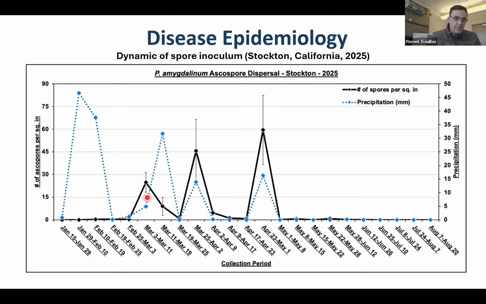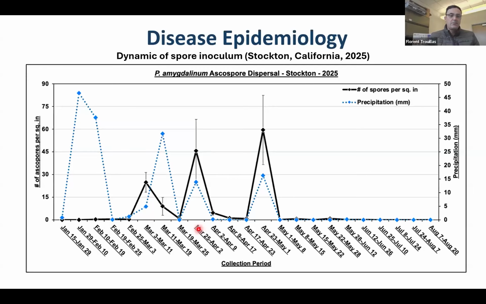And what you see here, the black line, is the amount of spores that were caught for that specific week for about a 1 square inch area, right? We like the 1 square inch area because this is about the surface area of a leaf, right? So what that graph shows us is when it sporulated and how much for that specific growing season, right?